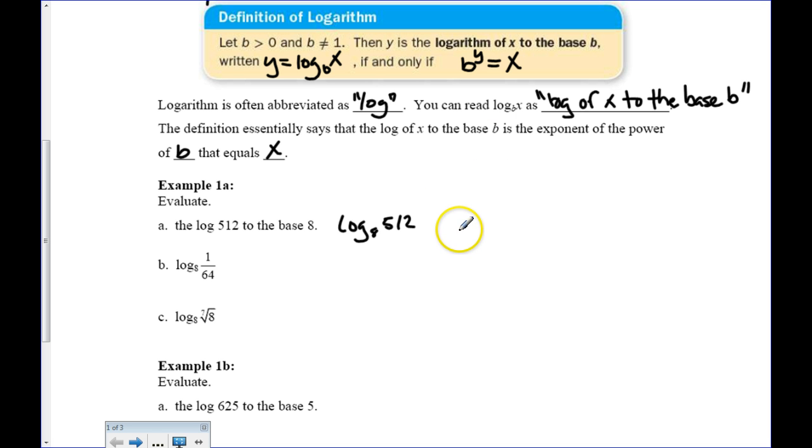You can't do this on your calculator because the logs on our calculator are base 10. This is just like saying 8 to the what power equals 512. You can ask yourself, well, 8 times 8 is 64, times 8, that's 512. So x in this case is 3.